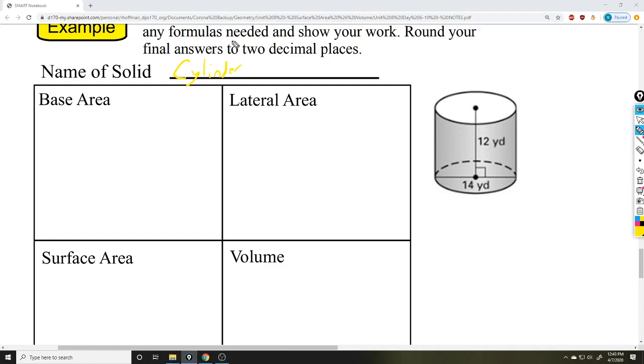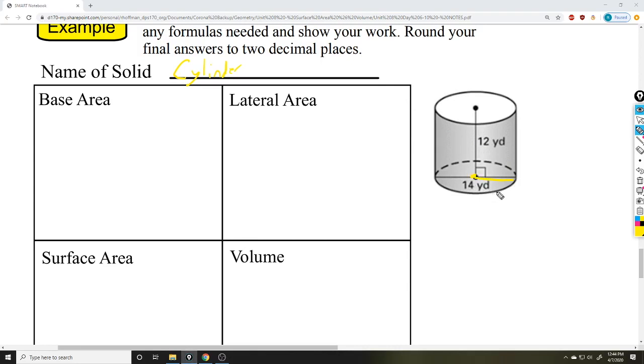Finally, what I want you to do before we end today is to try this problem on your own and see if you can get the right answer. Oh, wait, before you do that, one thing to caution about: the only tricky part here is that this 14 is not the radius. It's the diameter because it's going from one end of the circle to the other. The radius needs to start from the center and work out.